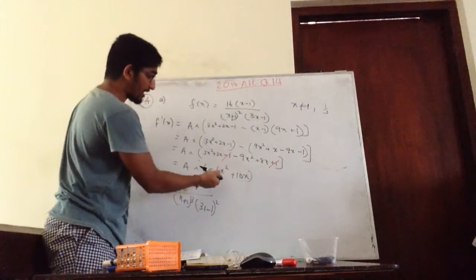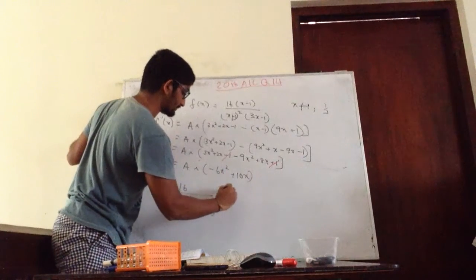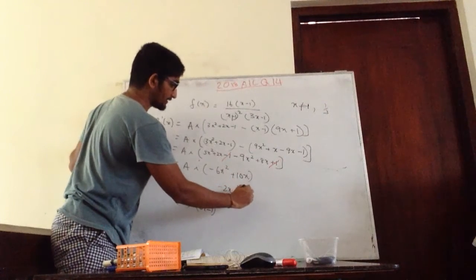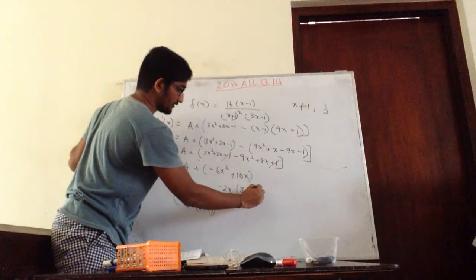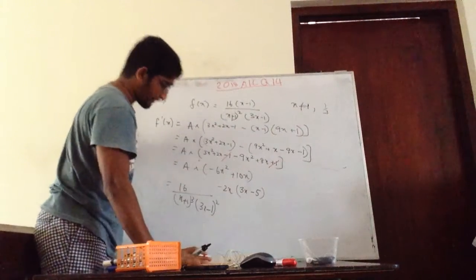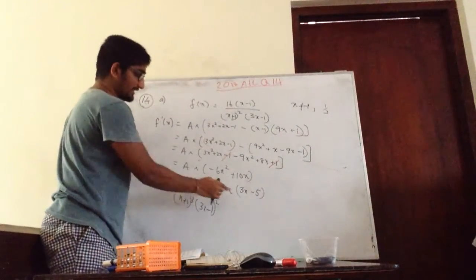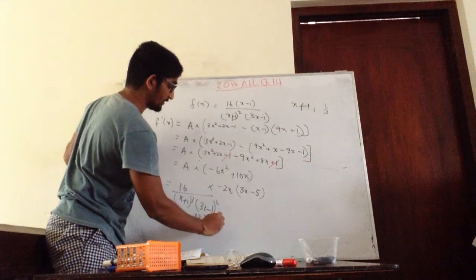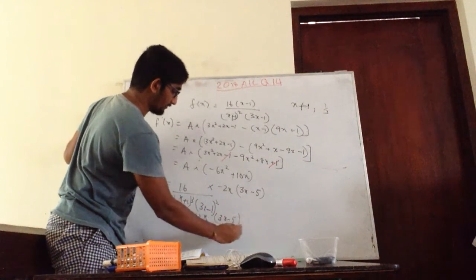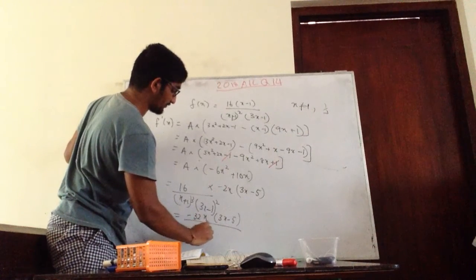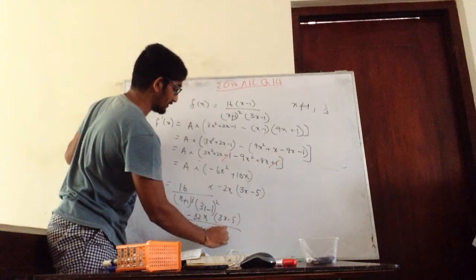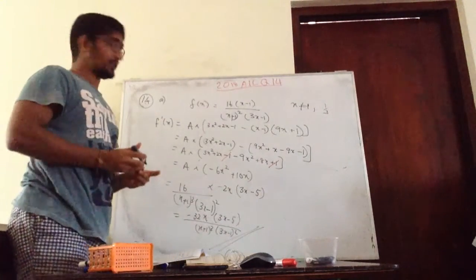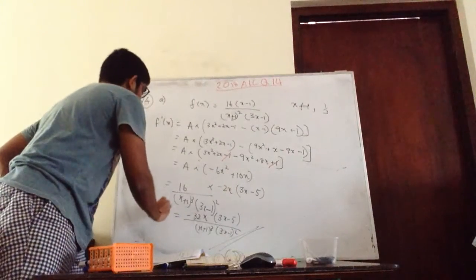Then I'm going to take −2x here, so then I will get (3x − 5). So 16 into −2 is going to be −32x(3x − 5)(x + 1)³(3x − 1)². So now this will be the answer of f'(x).